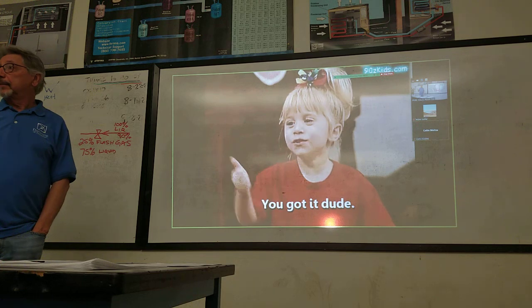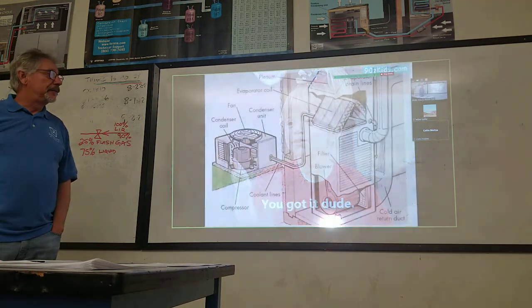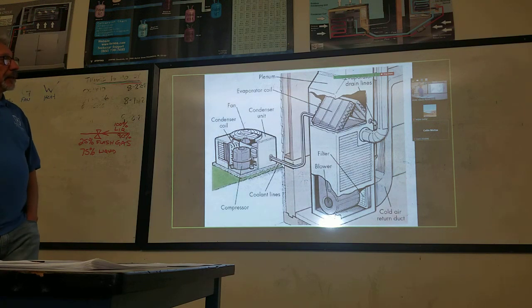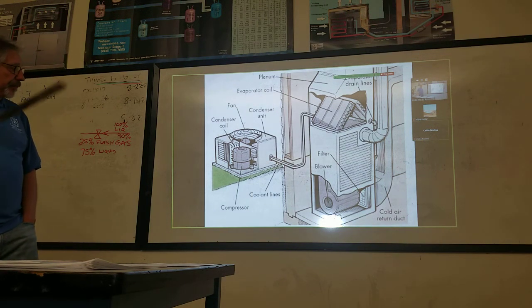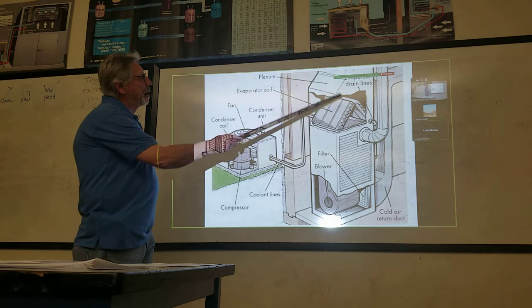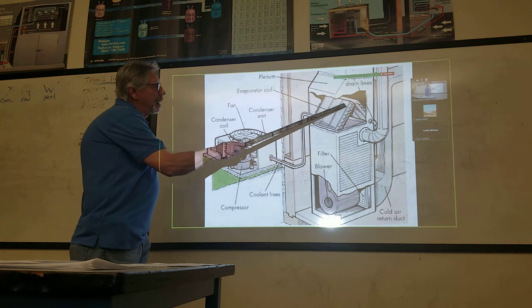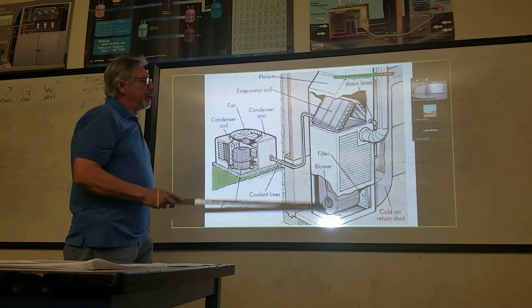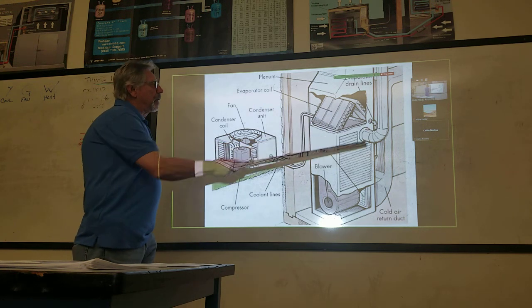You got it now? Okay, in this cartoon we have the evaporator up here, and the drain lines for the condensate. Anytime you cool the air, you're going to condense moisture onto that coil, which needs to be drained off.